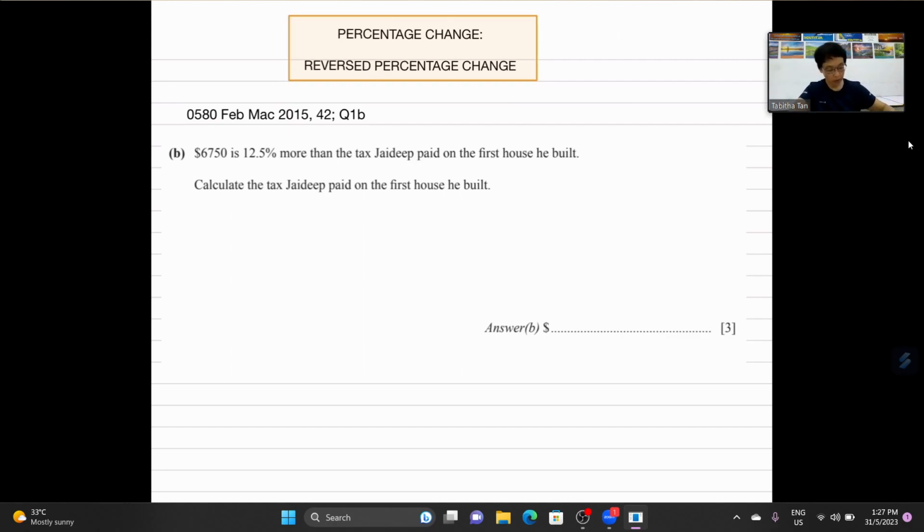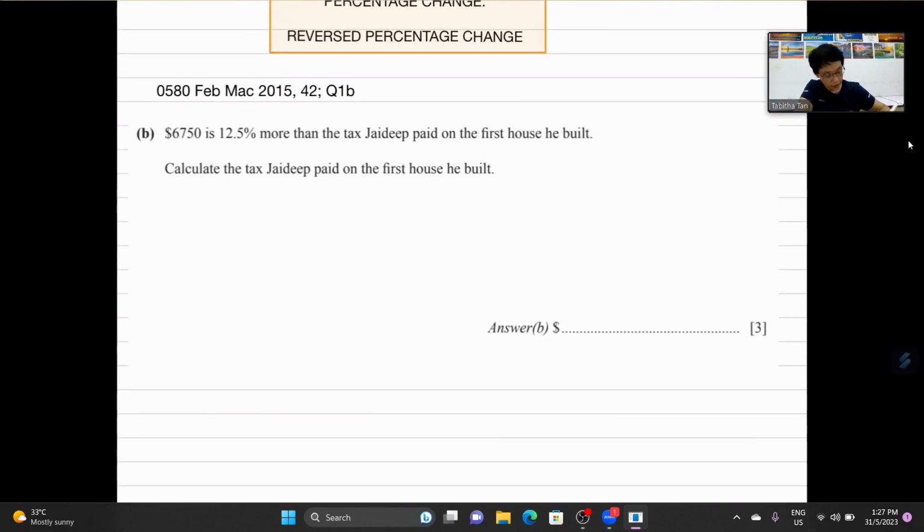If we take a look at this, we know that 6,750 is the amount after change. Why do we know this? Because this is 12.5% more than the tax that he paid when he built the first house.